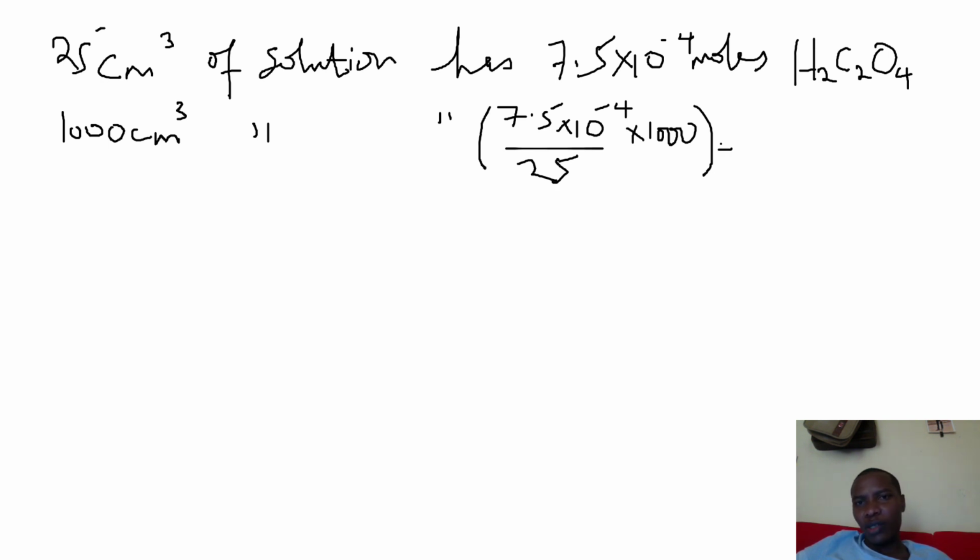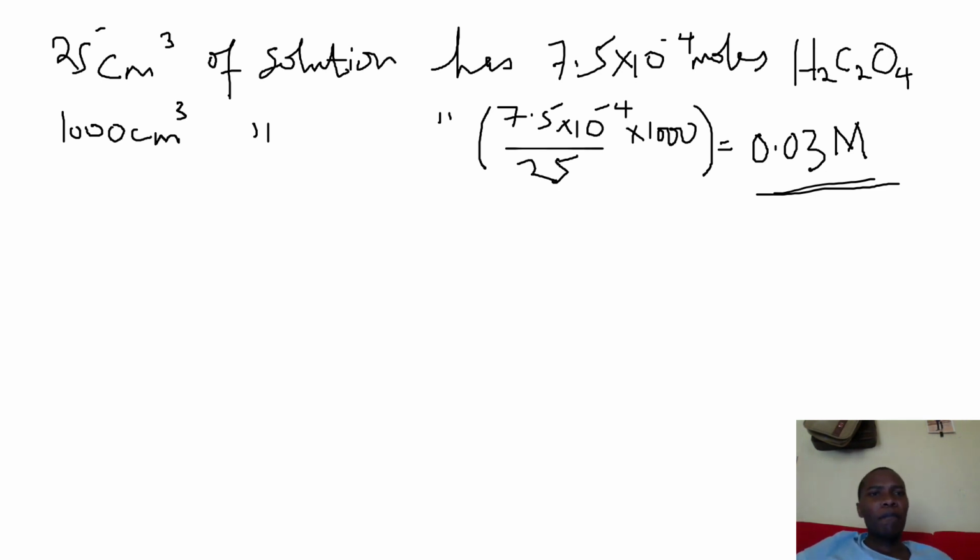And I think this one, if I'm to use a calculator here, is going to be giving us 0.03 molar. So I have got the molarity of the oxalic acid. Remember, this is the same as the molarity of sodium oxalate in this particular case.